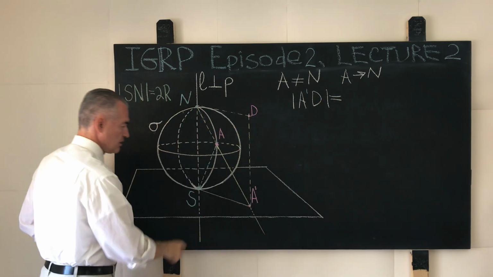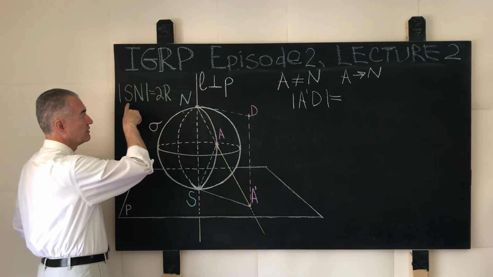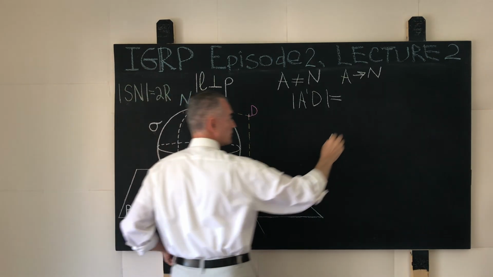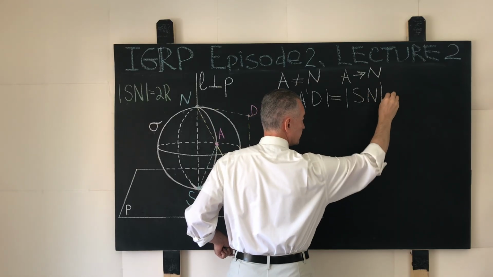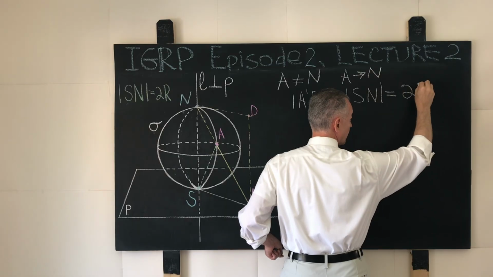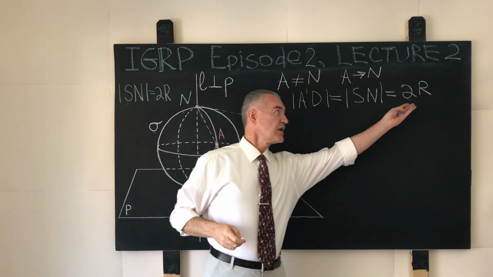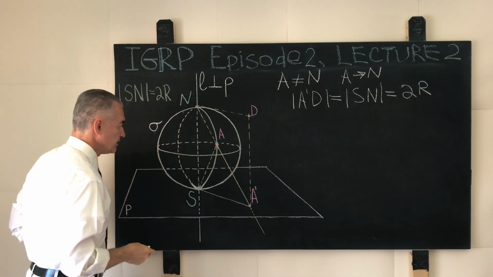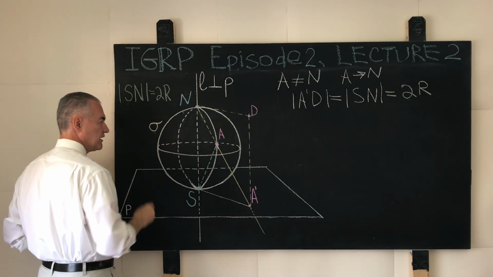Which points? The points S, the south pole, and N, the north pole of the Riemann sphere sigma. The segment SN is evidently a diameter of our Riemann sphere, symbolically captured as 2R, where uppercase R is the radius of the Riemann sphere sigma.